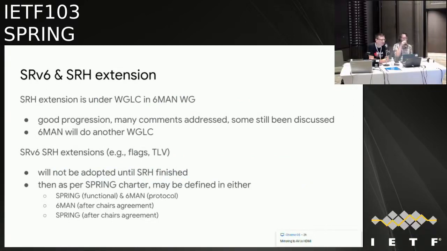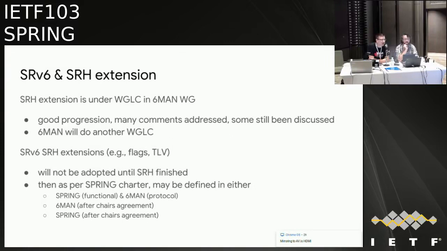protocol working group. So currently, for SRv6, the status is that the SRH extension has been in working group last call for a few months. The progression is good. Most of the issues have been addressed, but there is still discussion on something like 6 or 8 issues.